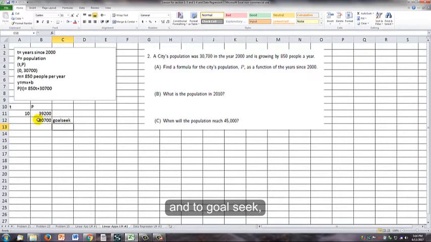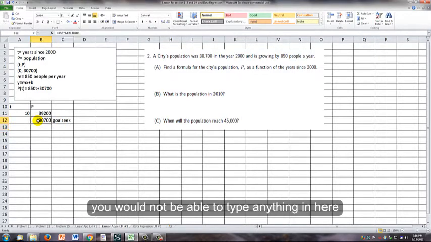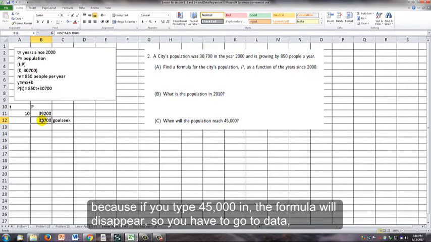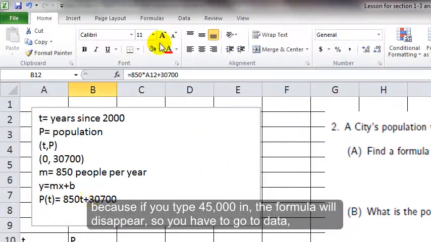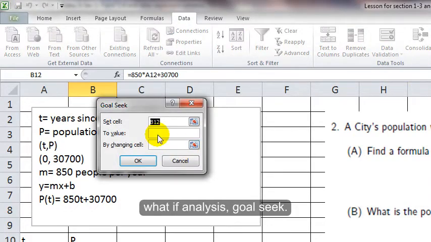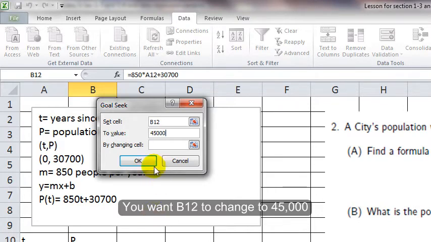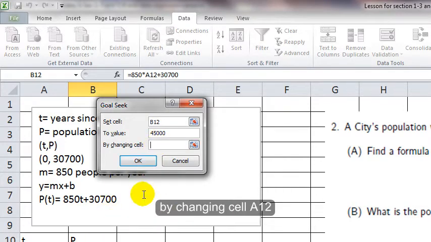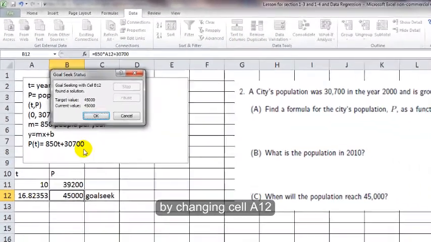And to goal seek, you would not be able to type anything in here, because if you type 45,000 in, the formula will disappear. So you have to go to Data, What If Analysis, Goal Seek. You want B12 to change to 45,000 by changing cell A12.